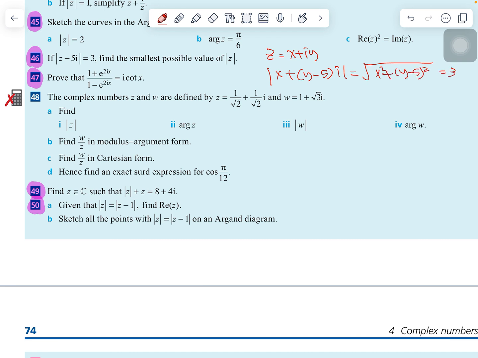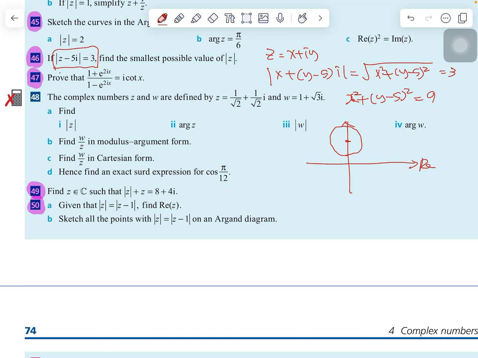I think this is a little bit old question, like the questions from the old curriculum, because now we don't have these circle equations in our curriculum. But let's go anyway. This one has the center 0,5 and radius of 3. So these are all possible points which satisfy this equation.